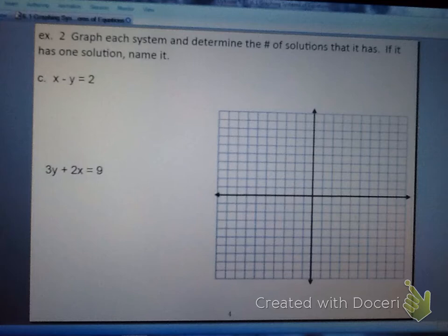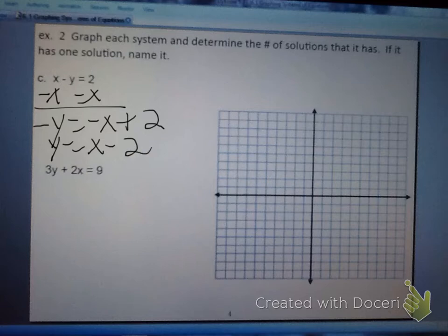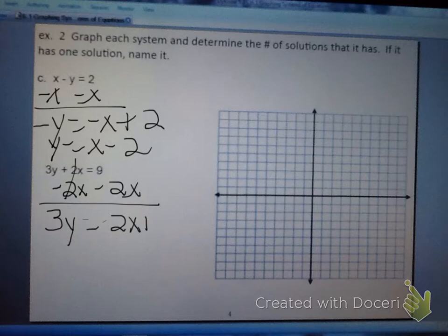Example 2C, we're going to solve each one for y. Divide by 3.